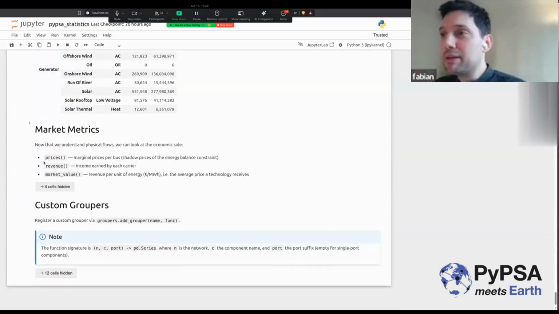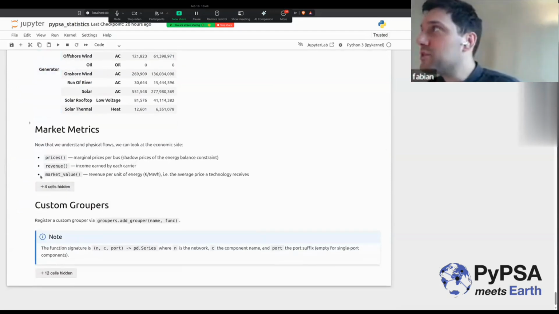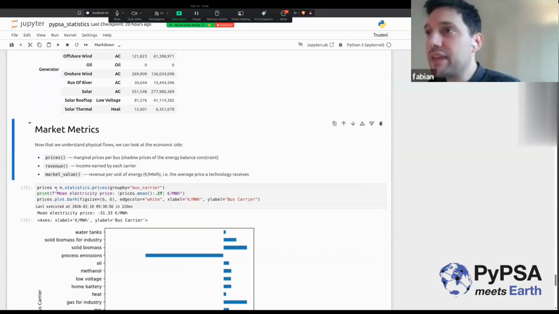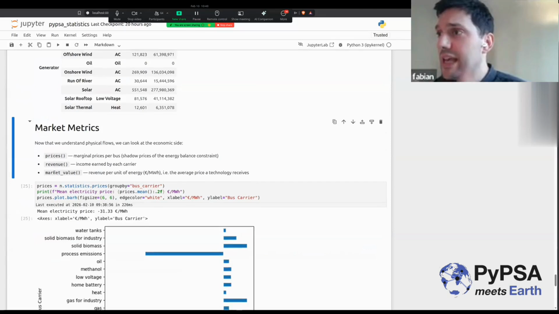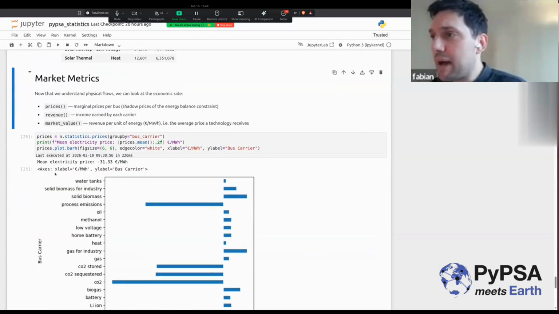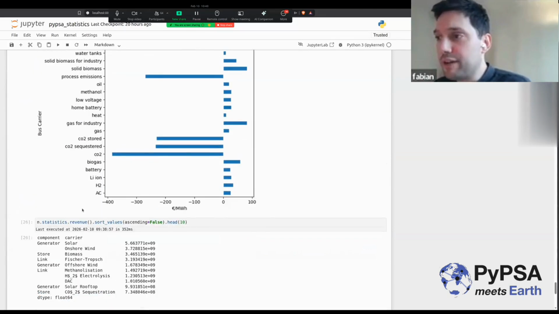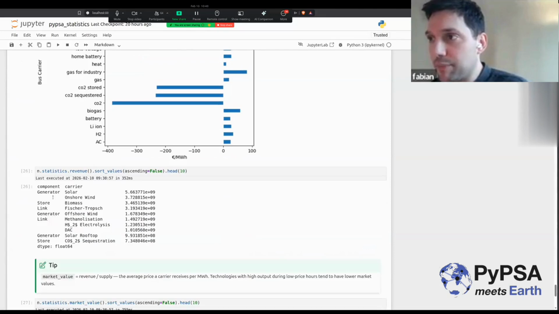I have to be a bit more strict about the time. There's one section, the last one in the statistics module, which is the market metrics. And this contains the prices, revenues, and market values. I won't go into these now. You can go through them by yourself when you run the notebook.